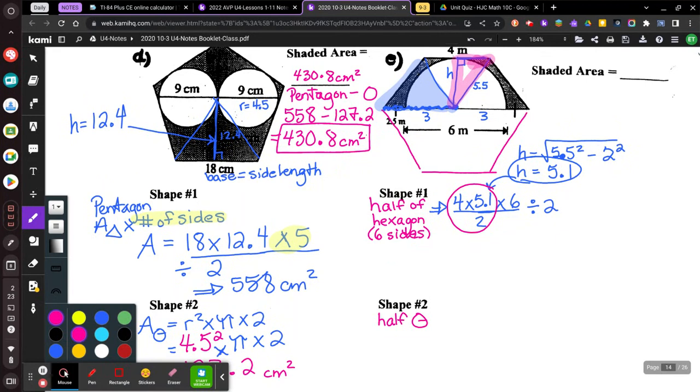Once we do get this, we're going to get 4 times 5.1 times 6 divided by 2 divided by 2. We should get 30.6.